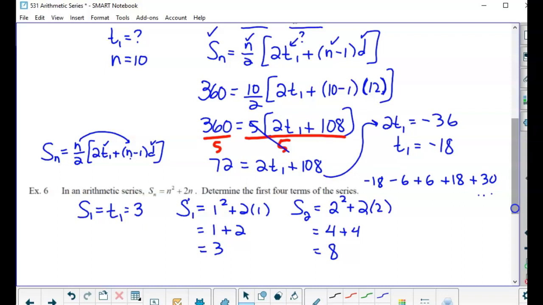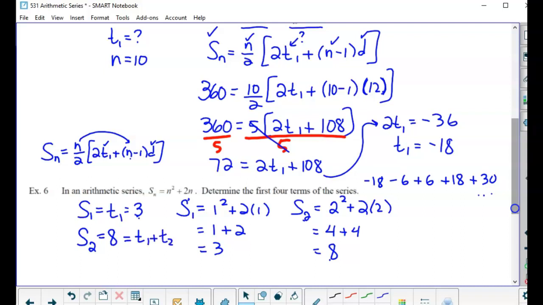To get the second term, we take the first term and add the common difference. To get the second sum, we add the first term and the second term to get 8. So S2 is 8, and it's equal to T1 plus T2.